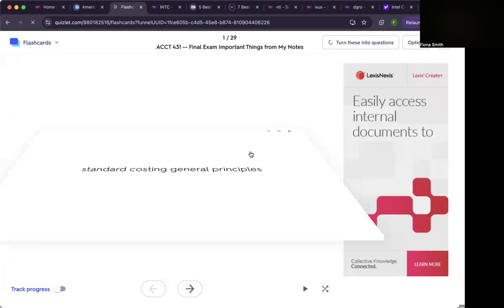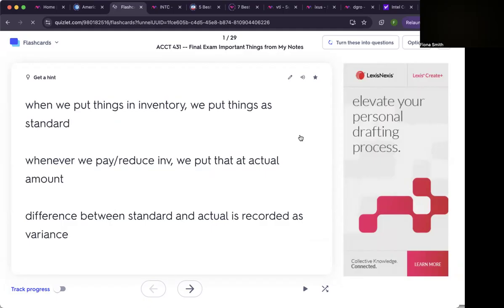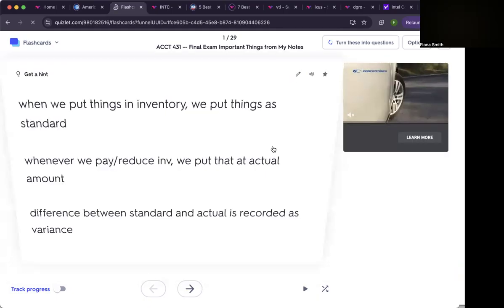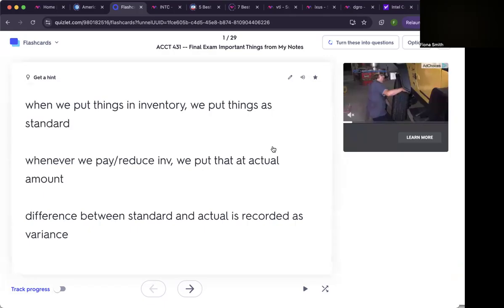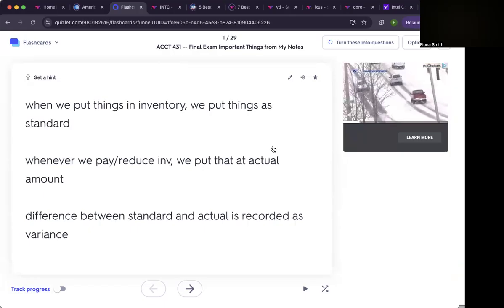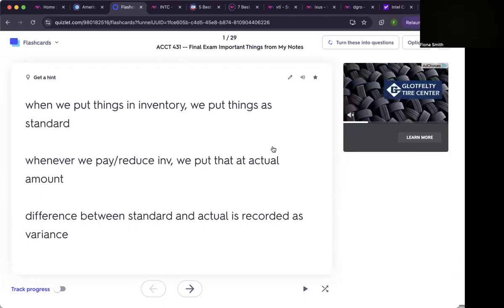Standard costing general principles. This is for all that variance stuff, chapter 10 and 11 in McGraw-Hill. When we put things in inventory, we put things in at standard.